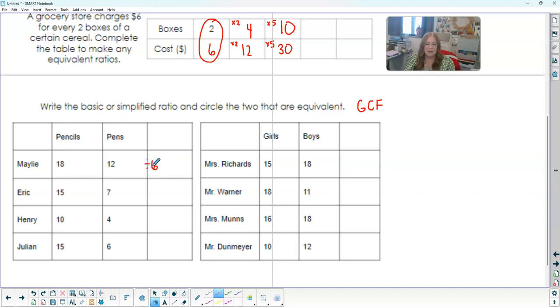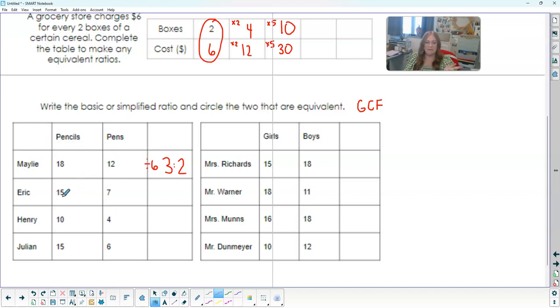So 18 divided by 6 is 3. 12 divided by 6 is 2. So 3 and 2 cannot get any smaller. They can only be divided by 1. So Maylee, every time she has 3 pencils, she has 2 pens. She gets 3 more pencils, 2 more pens till she has 18 and 12.